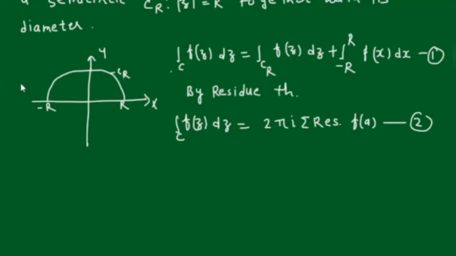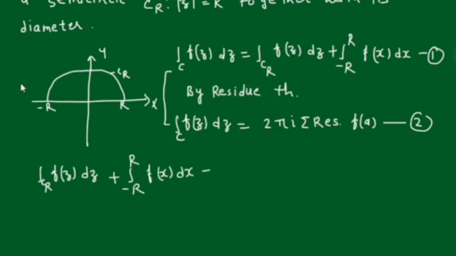Now by equating equation 1 and 2, we can conclude integral along CR f(z) dz plus integral from minus r to plus r f(x) dx is equal to 2 pi iota into sum of the residues. Suppose it is equation number 3.